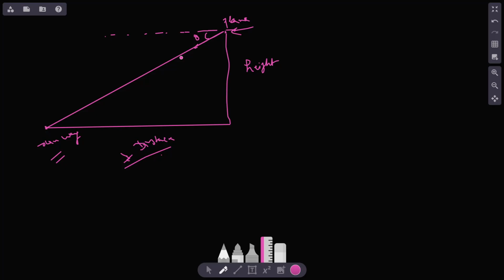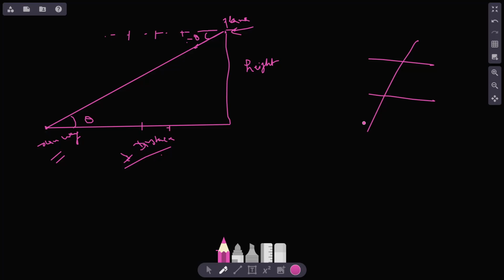So the angle by which the plane has to dip in order to land at the runway is theta. Now this is a horizontal line. This is also a horizontal line. It means both the lines are parallel. So the Z formation is there. If this angle is theta, this angle is also theta, by the rule of alternate angles.